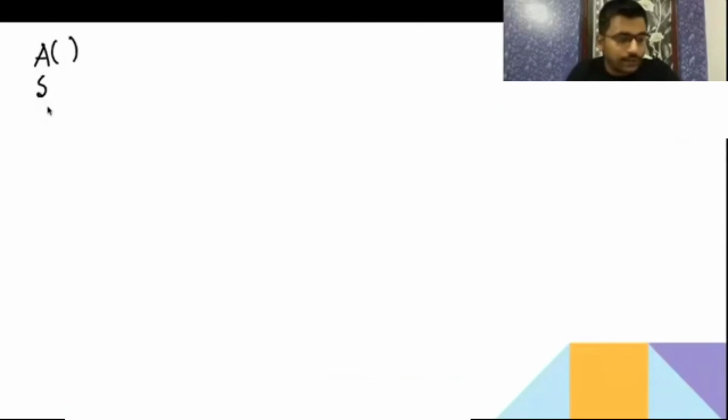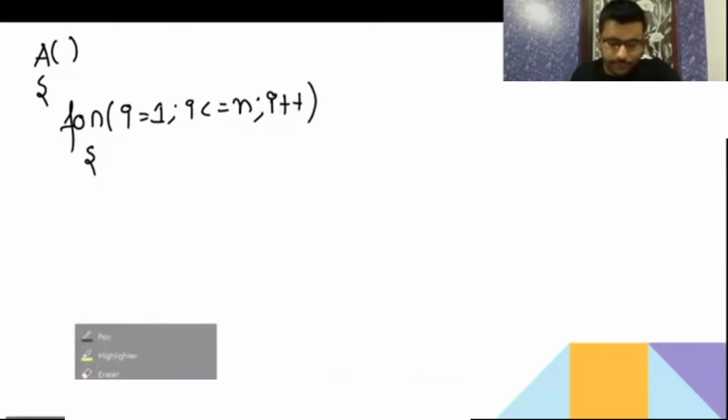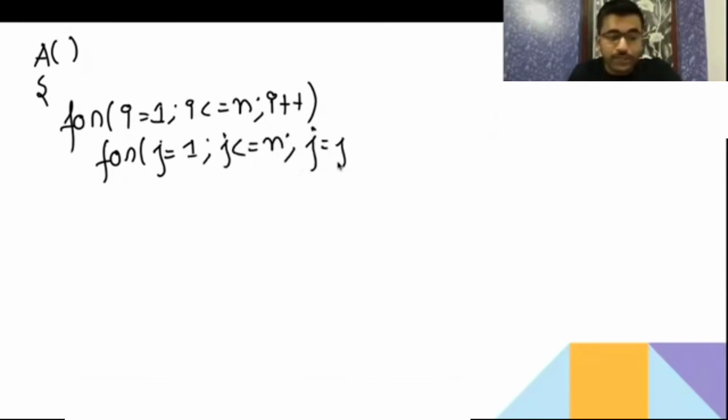Now try this. This is a loop, i equal to 1, i is smaller than or equal to n, so it is executing n times. Then again one for loop, j equal to 1, j is smaller than or equal to n, j equal to j plus i.